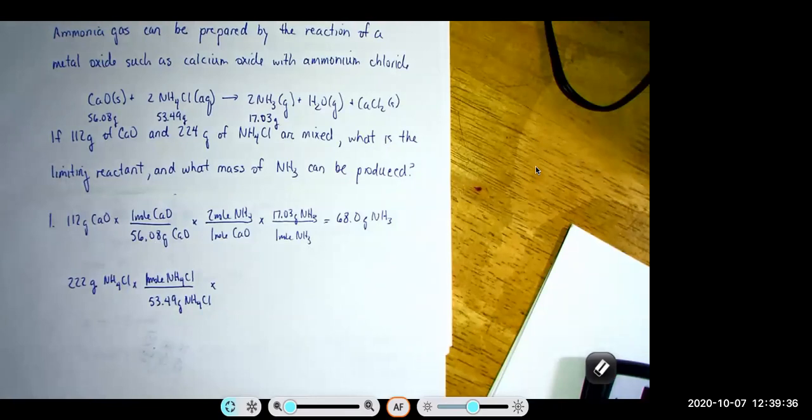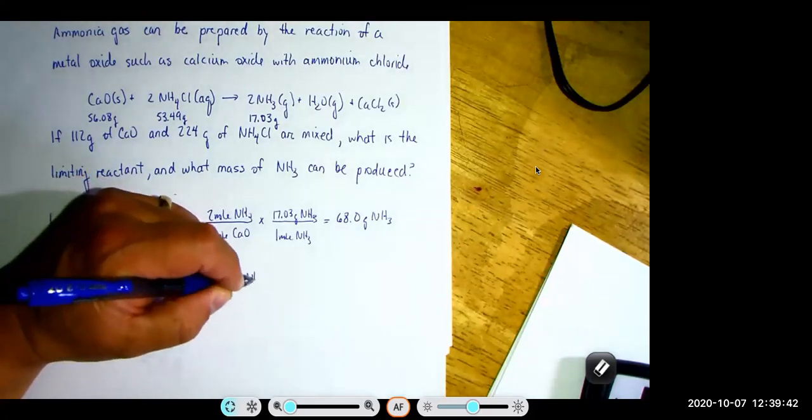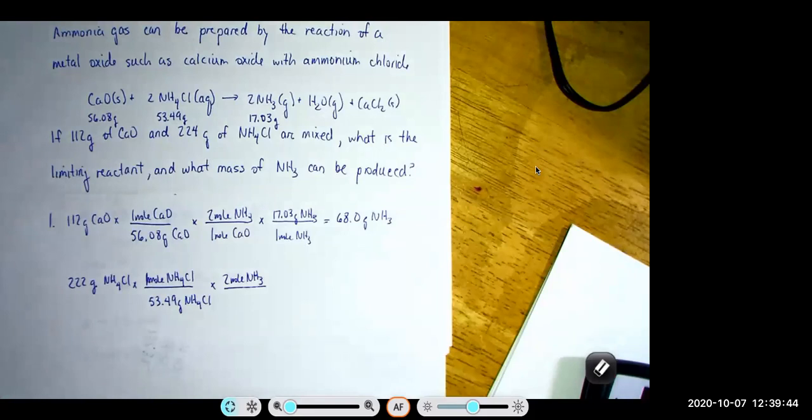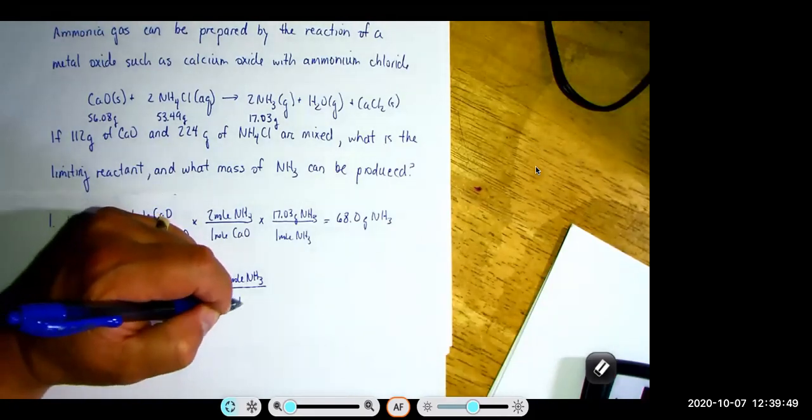And then you would do 2 moles of ammonium on top over 1 mole of ammonium chloride.